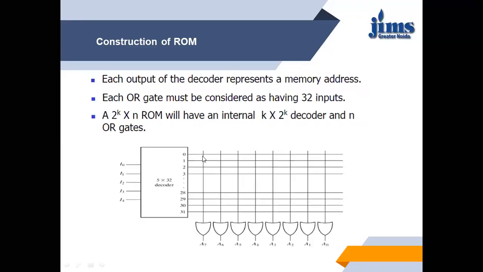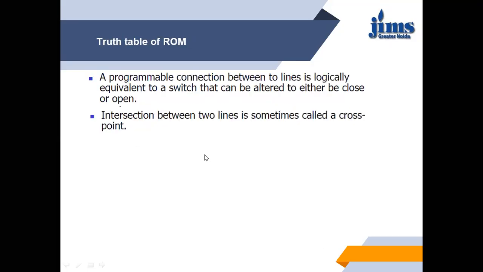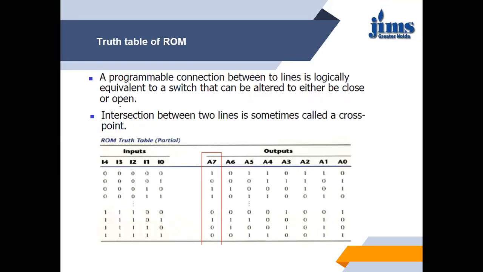Whenever it is open, the value of the cross point is 0. Whenever it is short, the value of the cross point will be 1. Suppose we have a partial ROM truth table, and the value of A7 is 10110100. These are the 32.